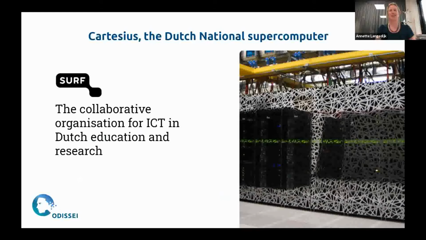You see a nice image to the right. The Dutch national supercomputer, just to give you an idea, processes about 250 million core hours every year. And at the same time, SURF also has about 80 petabytes of data stored, mainly from CERN in Switzerland. Next slide, please.